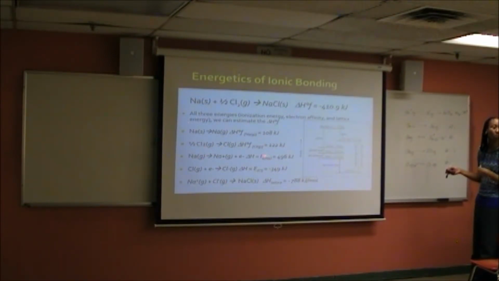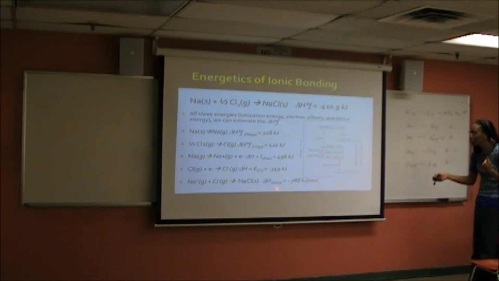To break the chlorine bond is 242; half of that is 121, but with significant figures, 122. Now electron affinity: you have negative 349 kJs.